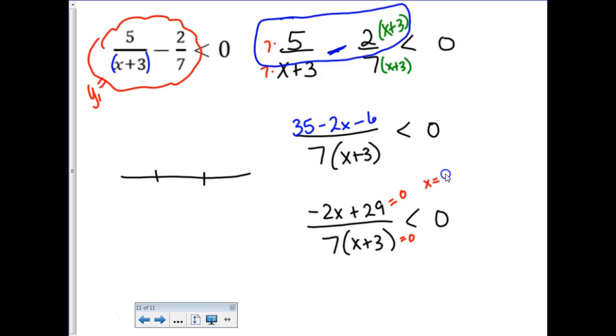We're going with yes. Okay, and then according to the algebra, there also should be a vertical asymptote right here at x equals negative 3. Do you see a vertical asymptote at x equals negative 3? Excellent. Okay, so negative 3 would come before the x-intercept of 14.5. If you want to call that 29 over 2, that's fine.